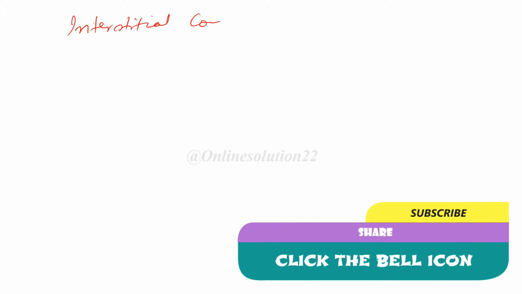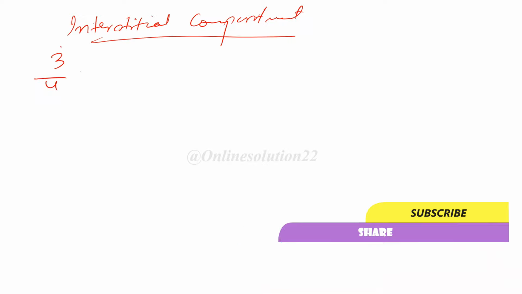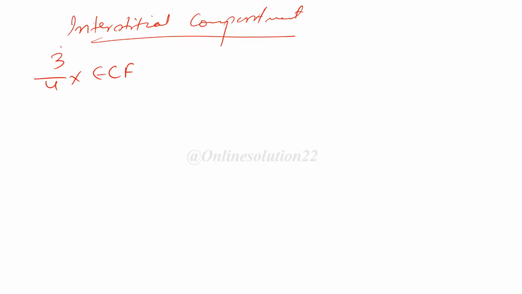And in the same way, the question might also ask about the interstitial compartment. So the interstitial compartment is 3/4 of extracellular fluids, 3/4 multiplied by extracellular fluid, which is 14 liter.